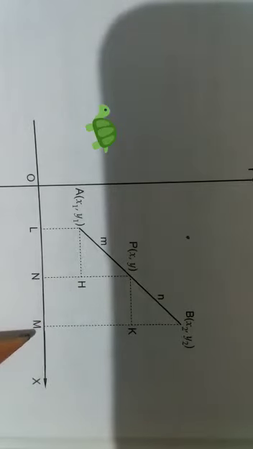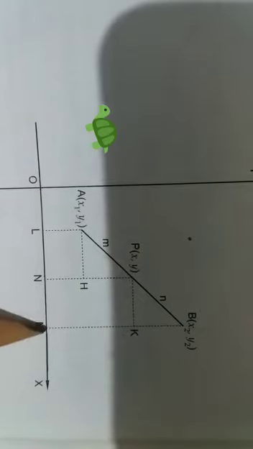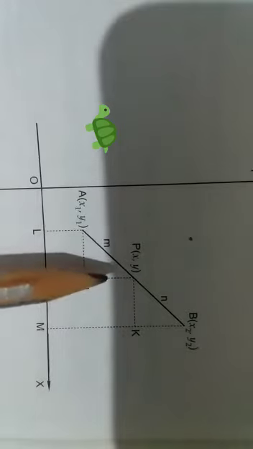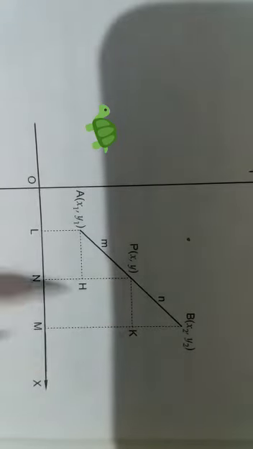Now you see here, OL is equal to x1, ON is equal to x, OM is equal to x2. AL is y1, PN is y, and BM is y2.